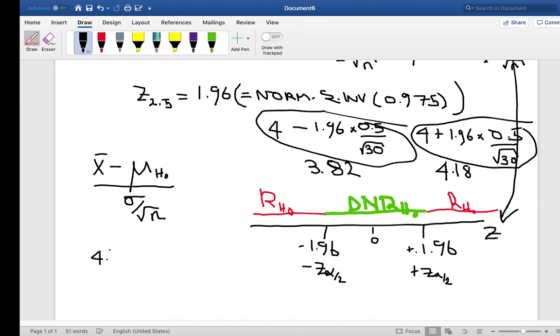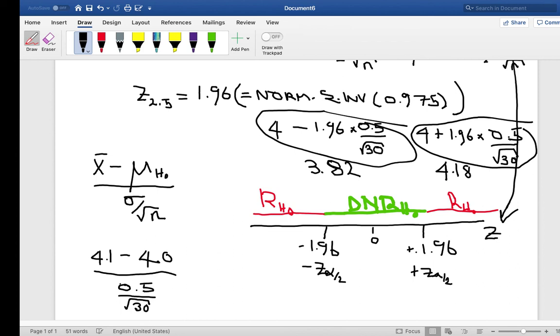So the 4.1 is going to start off with the 4.1. To standardize it, we must subtract mu of H0, which is 4.0. And then we must divide by sigma, which we said is 0.5, over the square root of the sample size, which is 30.